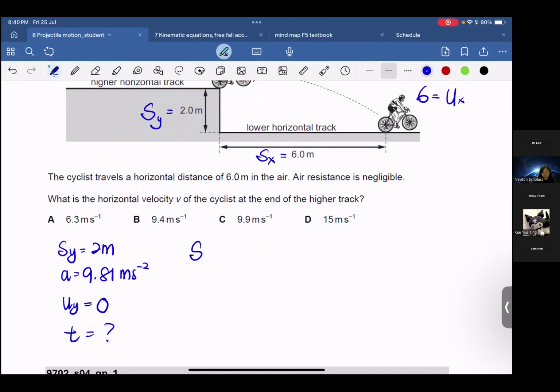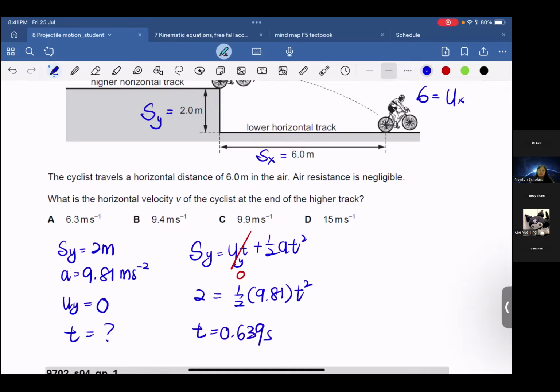So we can use Sy equals Uy t plus 1 over 2 a t squared. Uy is already 0. So here 2 meter equals 1 over 2 times 9.81 t squared. Your t should be 0.639 seconds.